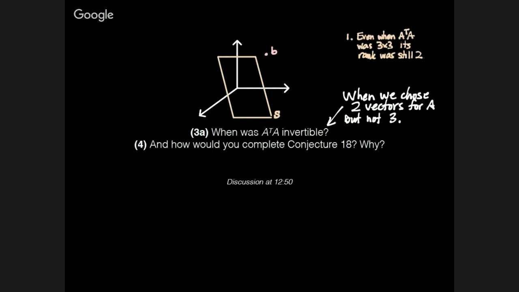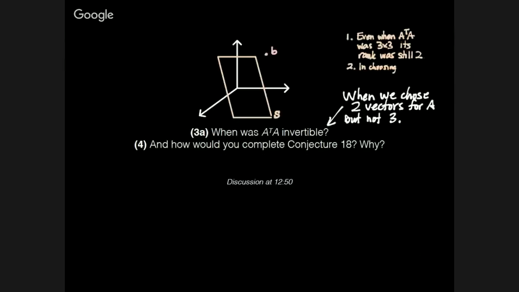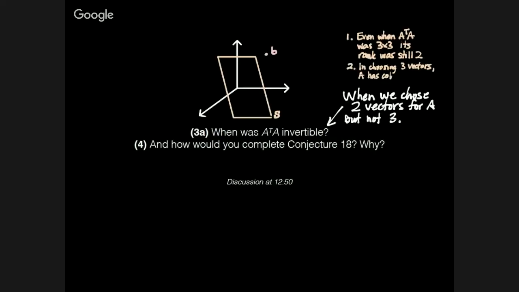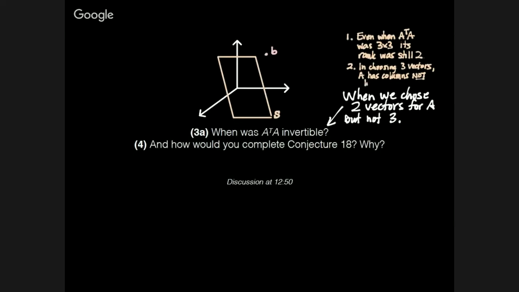And now Brian and Casey, teams 4 and 1, have both come in with the same observation at the same time. Specifically, that in choosing 3 vectors from our list, we made a matrix whose columns are not linearly independent. And these two comments go together.